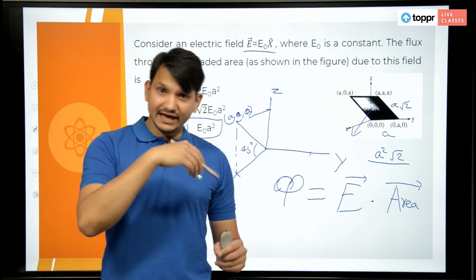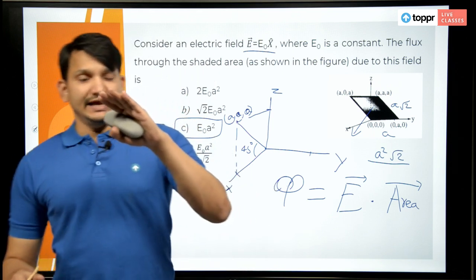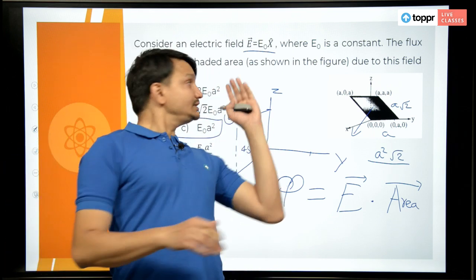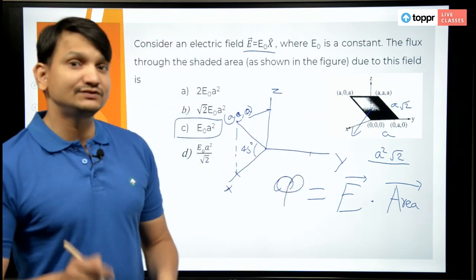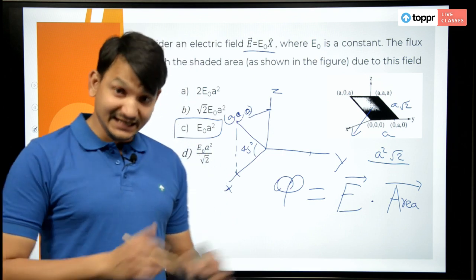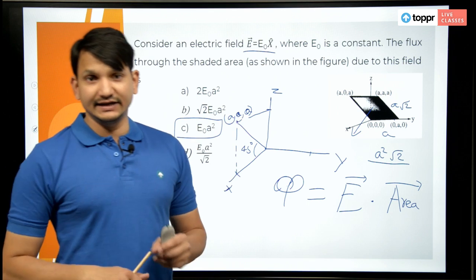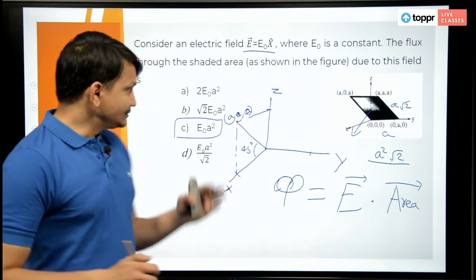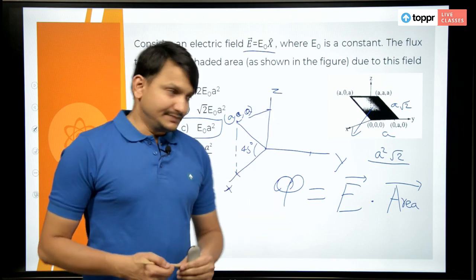Its length is a root 2 and its width is a. So we find its projection on the yz plane. Why the yz plane? Because we have to multiply the area vector of this plane with the electric field which is directed in the x direction.